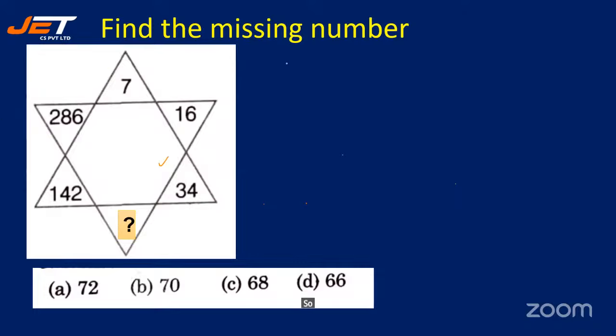So divided will not work, isn't it? Sorry, 7 2s are 14, isn't it? So 14 plus 2, 16.